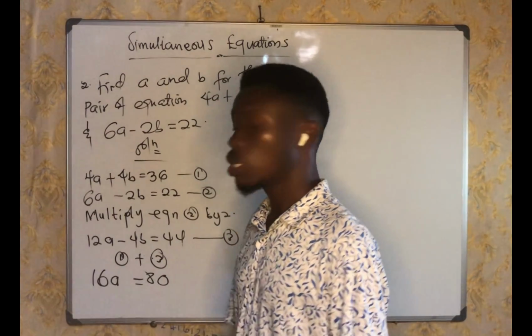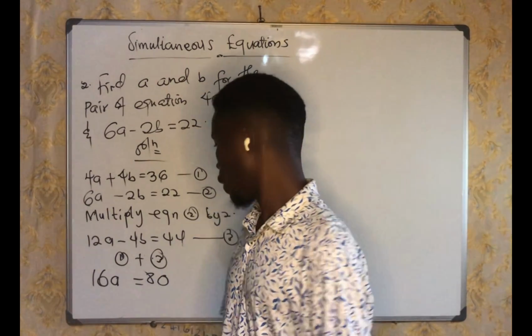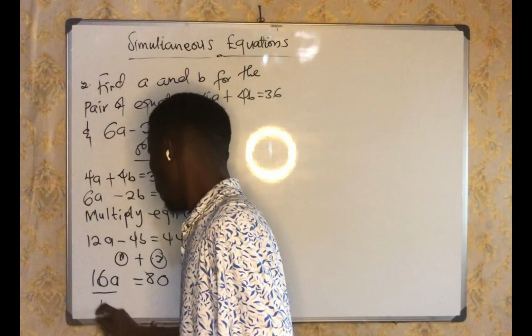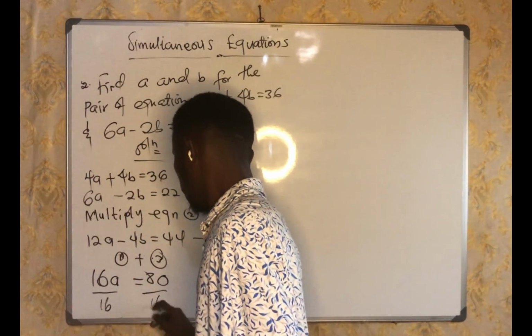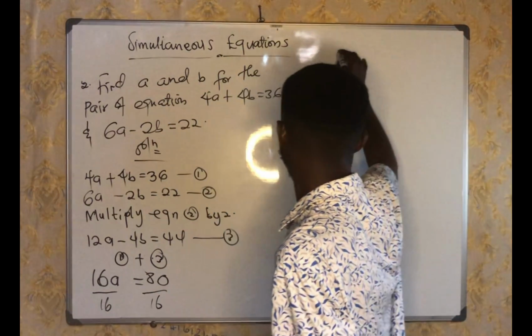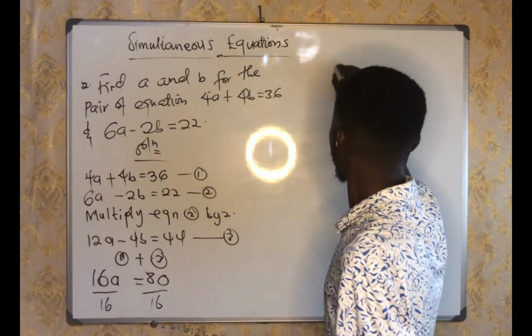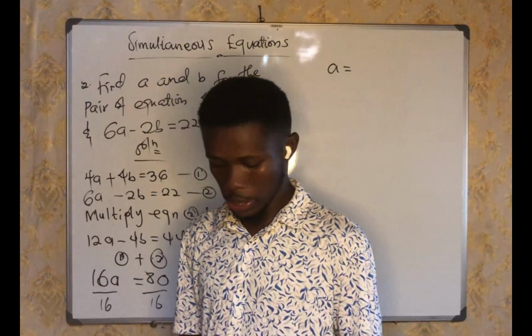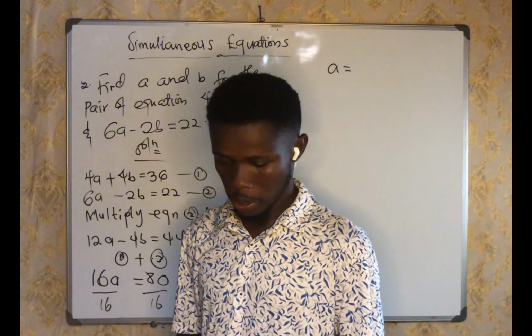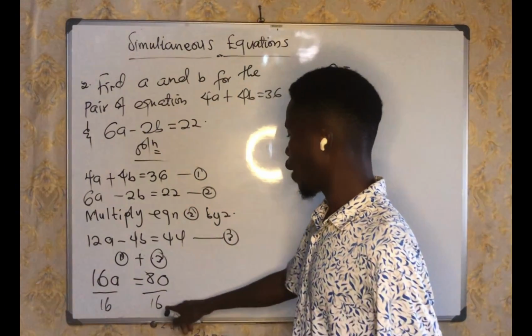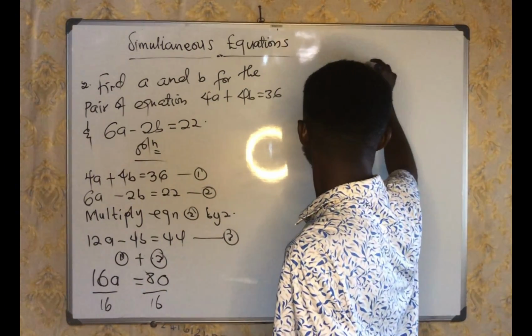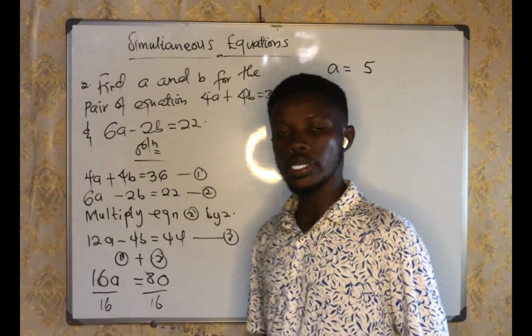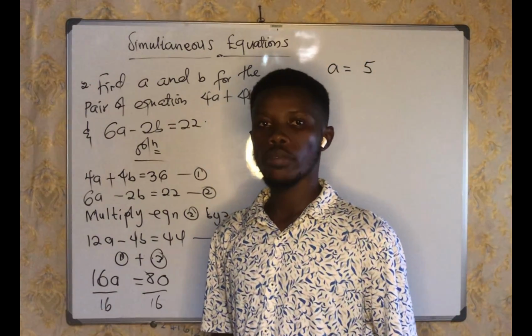Is that okay? So we have to divide both sides by 16. If I divide here by 16, here by 16, I have a equals 80 divided by 16, and 80 divided by 16 will give me 5. Is that okay? So simply we have our a.